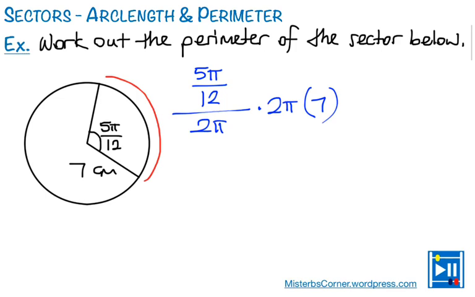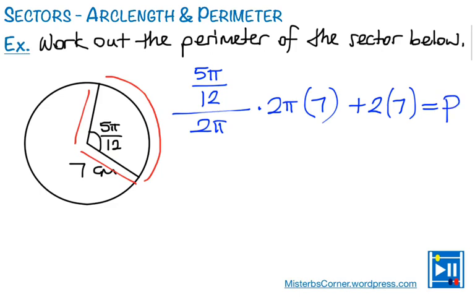And that is the arc length. And of course, to this I'm going to add the radii. This is going to be a closed figure when I add the radii, so it's going to be 2 times 7 again, right? So this is the perimeter of this sector.